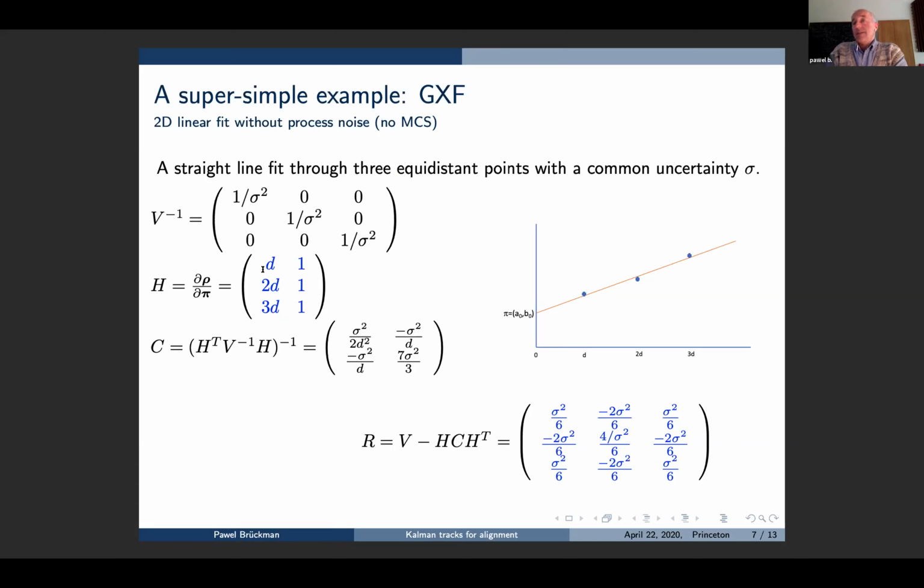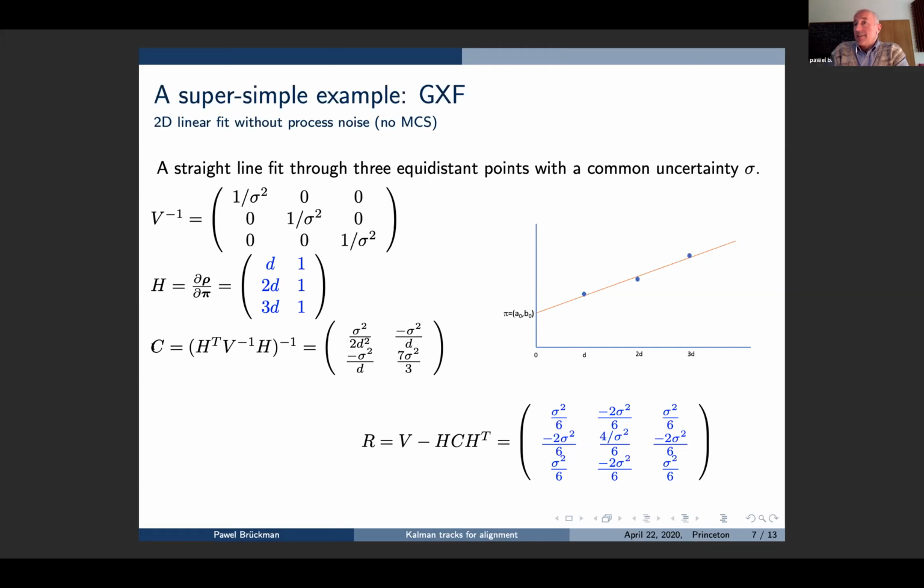We have residuals and their derivatives with respect to track parameters. There are two track parameters and three residuals, and the H matrix in our case looks very simple, but still it's a dense matrix. And what I pointed out earlier, actually this scales unfortunately with the problem.